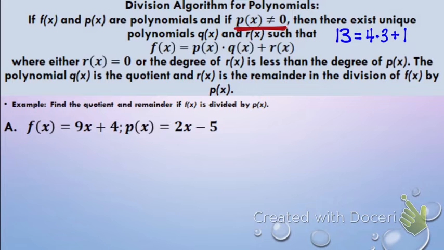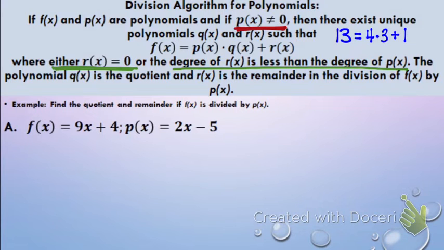It's really important when we're talking about this that p of x, my divisor, is not equal to 0. This would be the part that's on the bottom of a fraction. That's why it can't be 0. Now there are a couple stipulations on r of x. r of x either has to be 0, this is my remainder, or the degree of r of x is less than the degree of p of x.